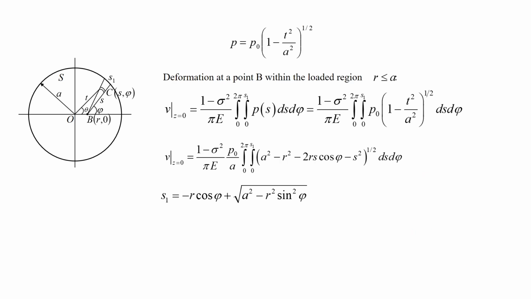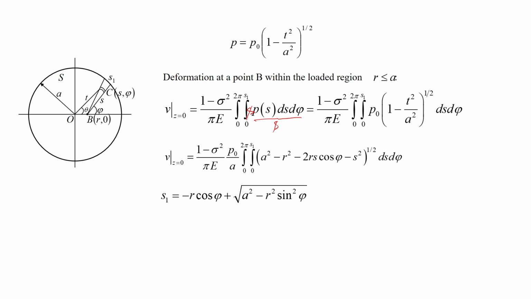Now, we have to find out the deformation at this particular point B because of this infinitesimal loading at C, and that can be given as (1 minus sigma square), where sigma is the Poisson ratio, divided by pi E, times p s ds d phi. We know that there is an s here and an s here, so this s has got cancelled.